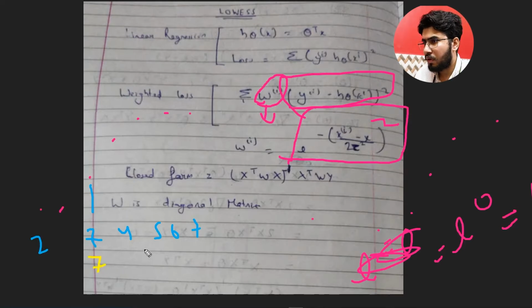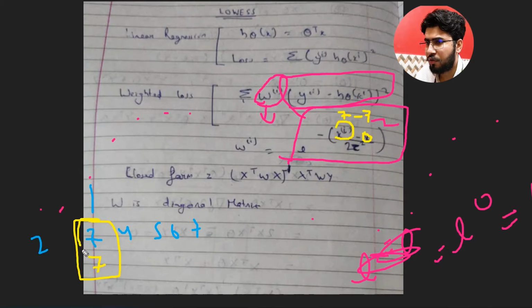So for this point, it is going to do minus 7. This 7 is our test point, and this xi is the point from our data. So this is going to be 7 minus 7, and it is going to be e to the power 0, which is 1. So it is not going to impact our loss at all.